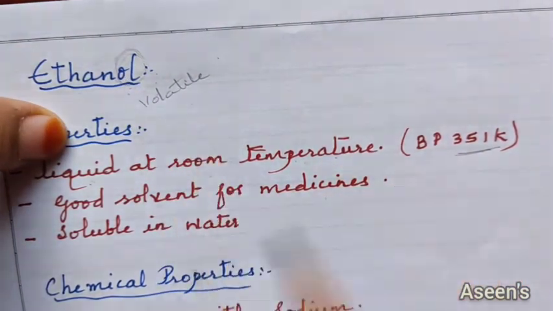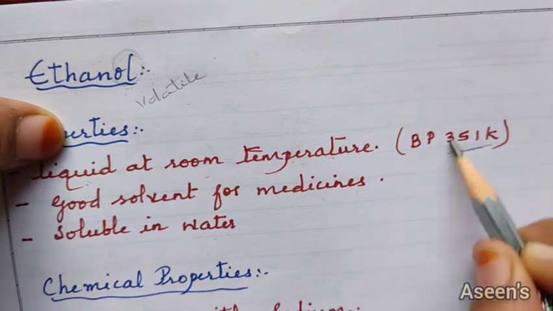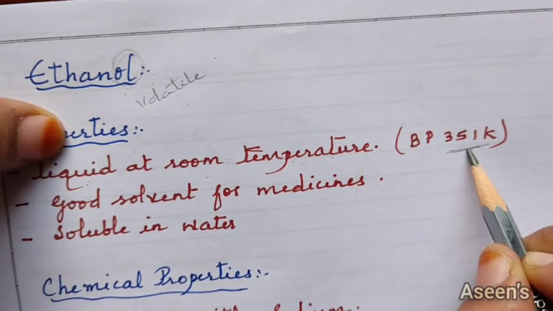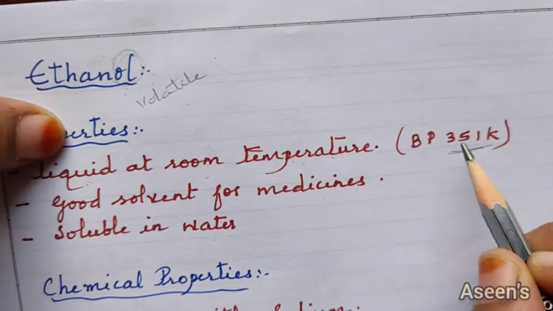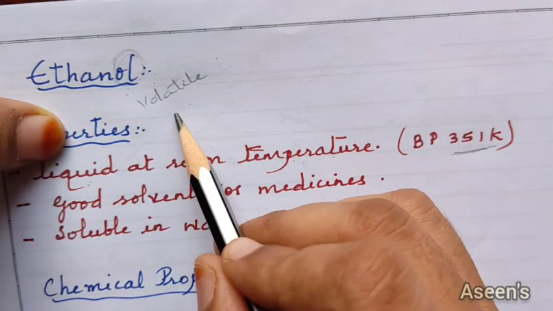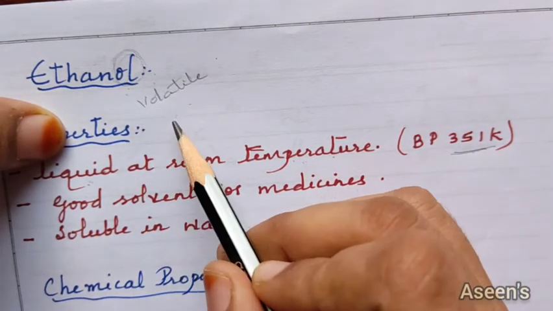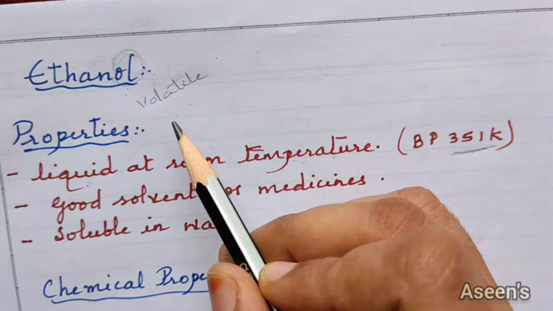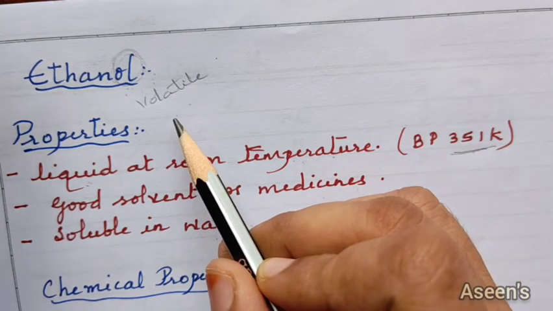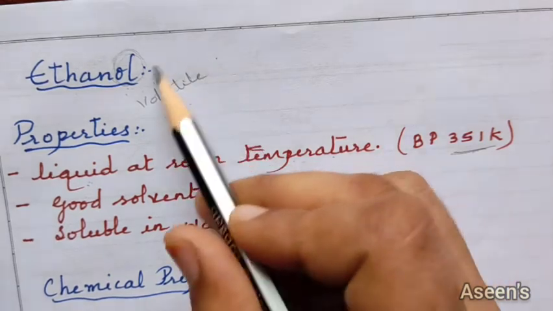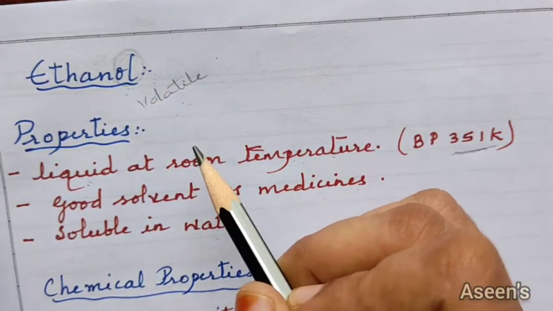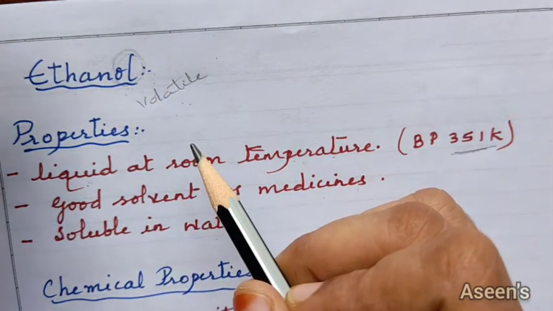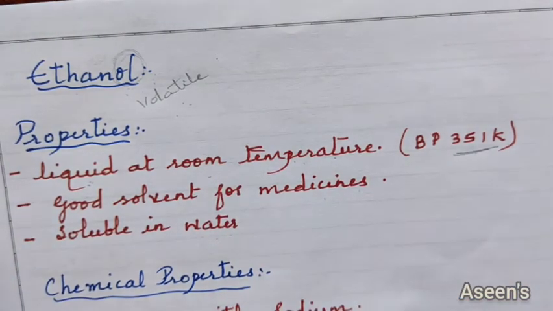It's actually a volatile liquid with a boiling point 351 Kelvin. Hence, at a higher room temperature, ethanol might start to evaporate. So such liquids which evaporate at a slightly higher room temperature or a room temperature, we call them as volatile. Okay, so ethanol is a volatile liquid.